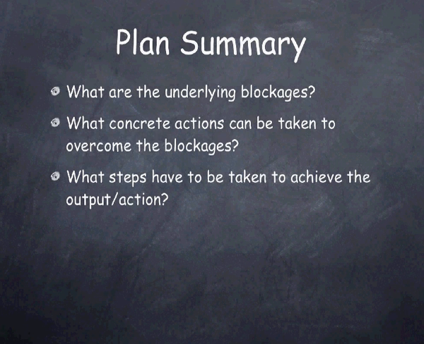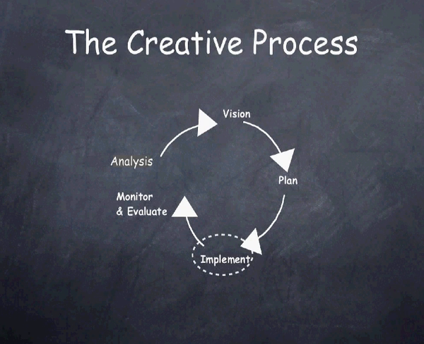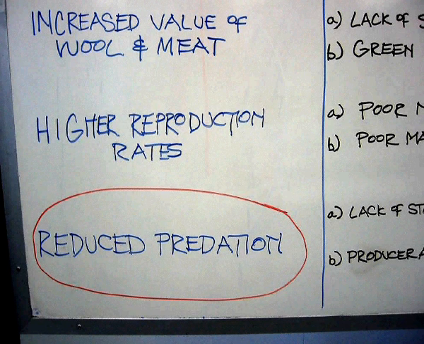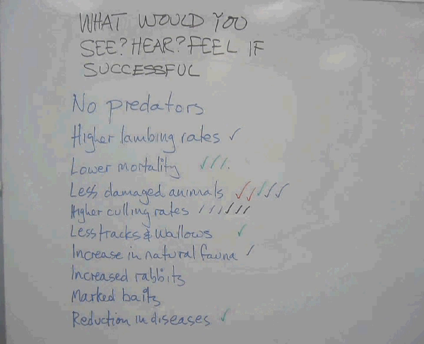Whilst it is the responsibility of the group to undertake the actions required to implement the plan, it is often useful at this planning stage for the group to consider monitoring and evaluation systems for use later on. By returning to the desired outcomes and asking the question, what would you see, feel, or hear if this outcome was achieved?